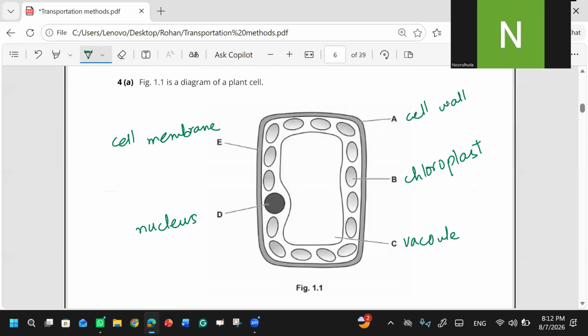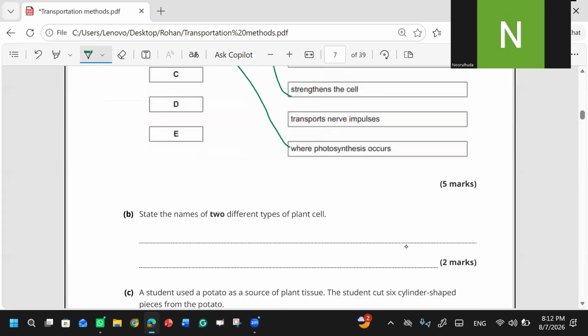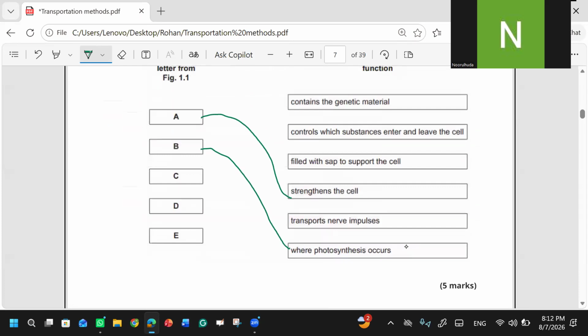C is the vacuole. Does it contain the DNA, the genetic material? No, no, no, that is in the nucleus. Does it transport nerve impulses? No. It is filled with sap to support the cell. I told you that if the vacuole is filled with water, it makes the leaf turgid.